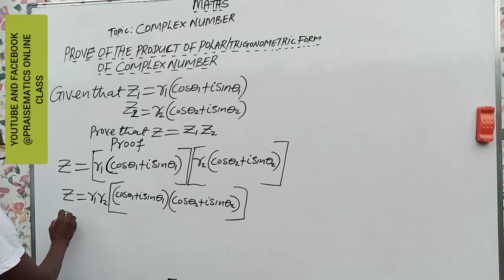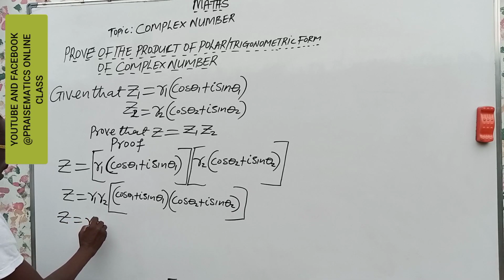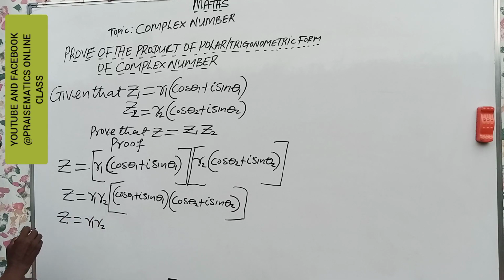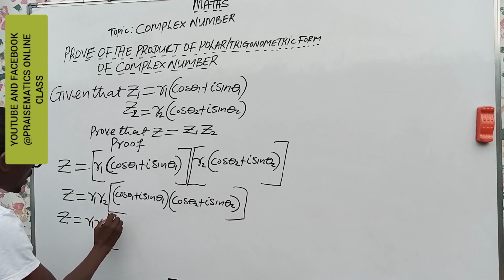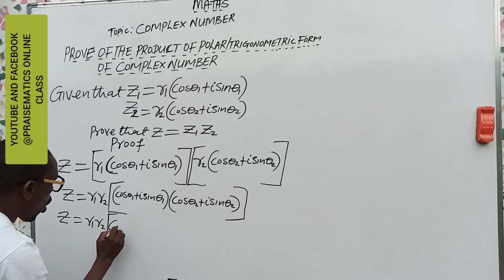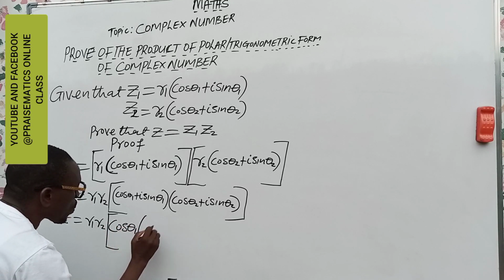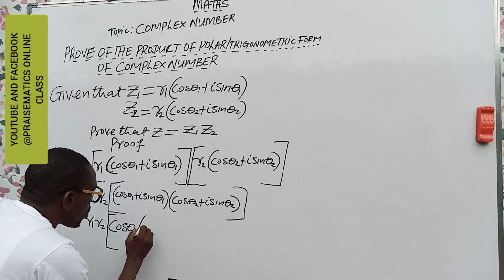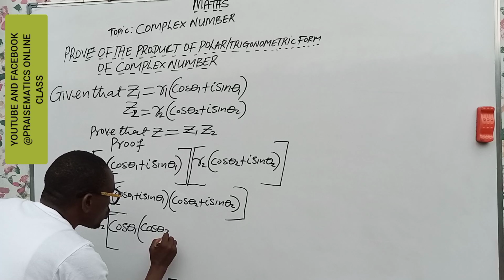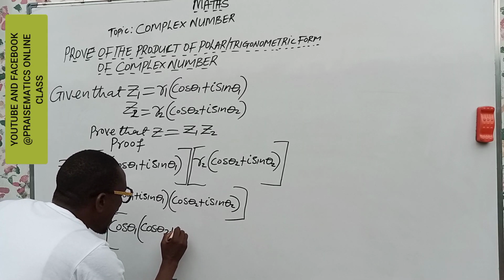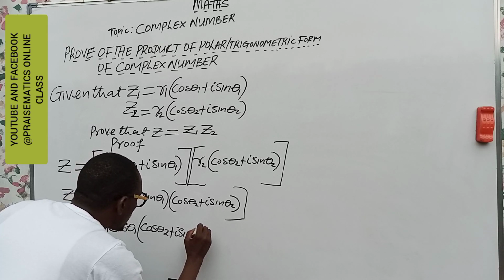This is Z is equal to R1 R2 into big bracket, into bracket cos theta 1, multiply everything that is here, which is cos theta 2 plus I sin theta 2. Close it.